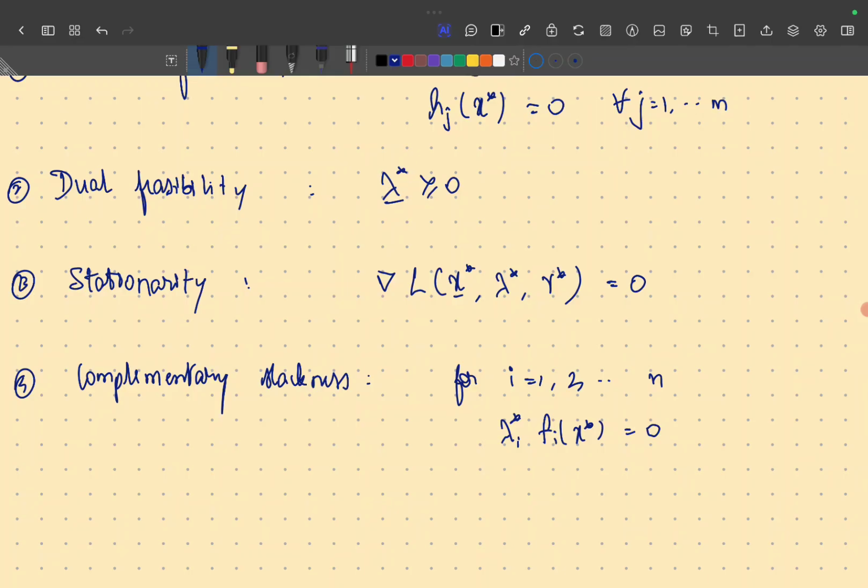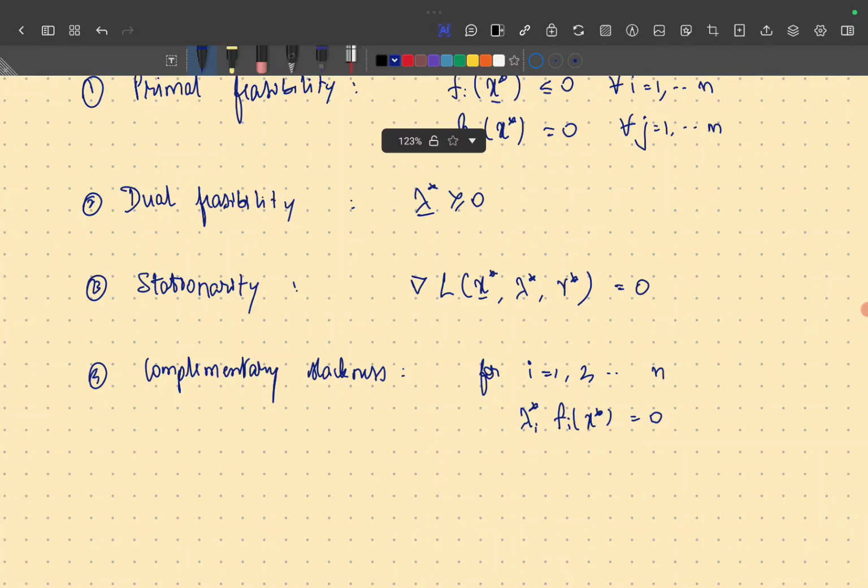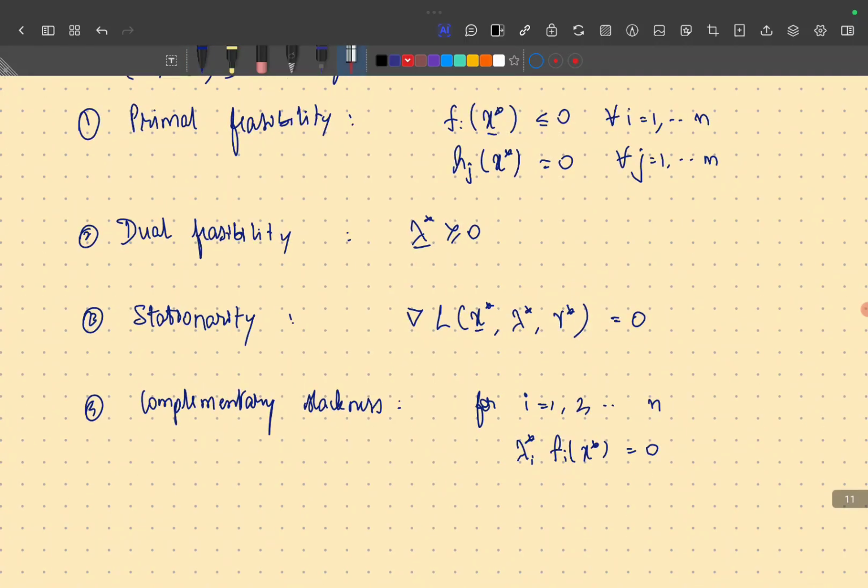So if you just look at primal and dual feasibility, each lambda i should be greater than or equal to 0 and f_i of x should be less than or equal to 0. But what the complementary slackness condition says is that suppose lambda is strictly greater than 0, then f_i of x star should be equal to 0.